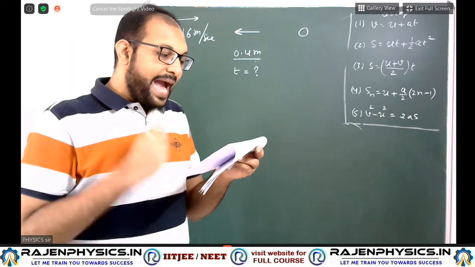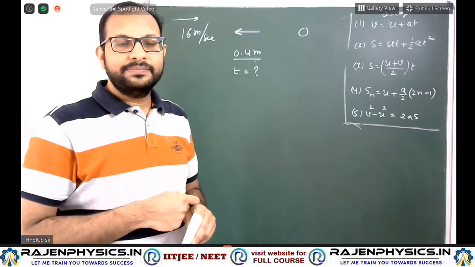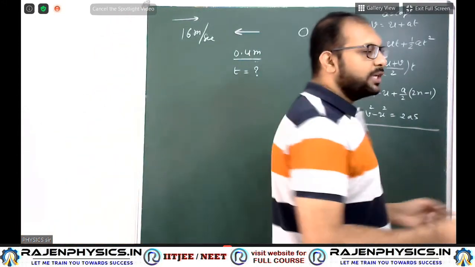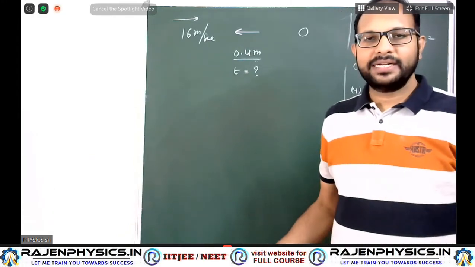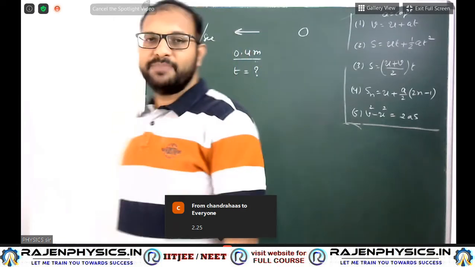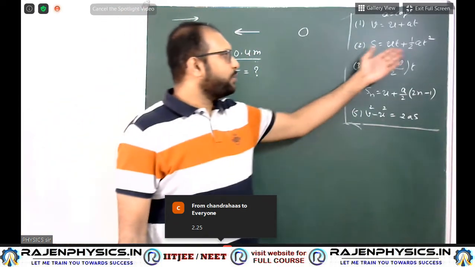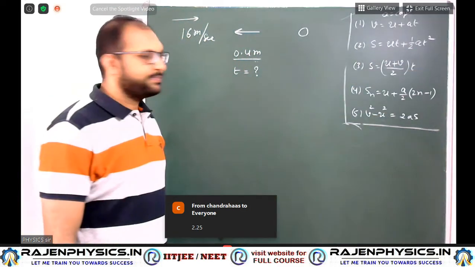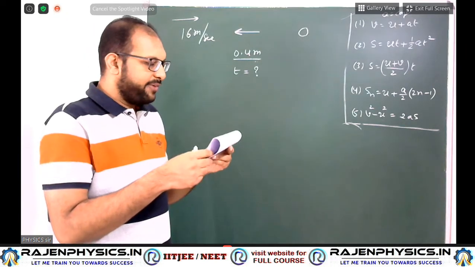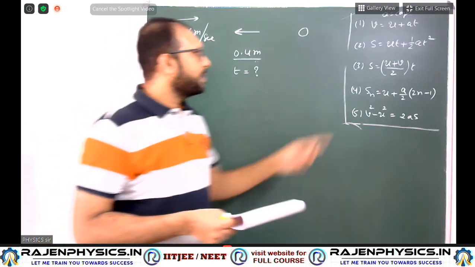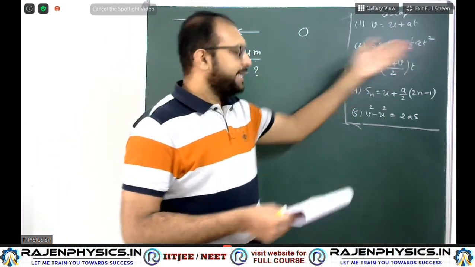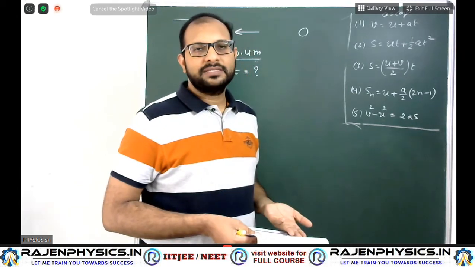Now come to average velocity. Students, go to fundamentals: total displacement divided by total time taken. How do you calculate total displacement? S equal to ut plus half at square. U is 0, A we just calculated as 1, t is 5 seconds.